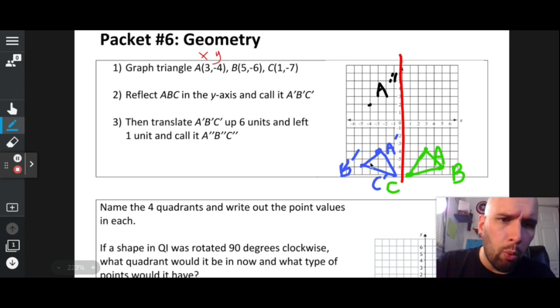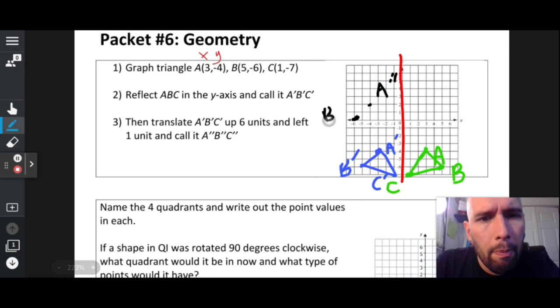B is up 1, 2, 3, 4, 5, 6, left 1. That's B double prime. And C is up 1, 2, 3, 4, 5, 6, left 1. That's C double prime.